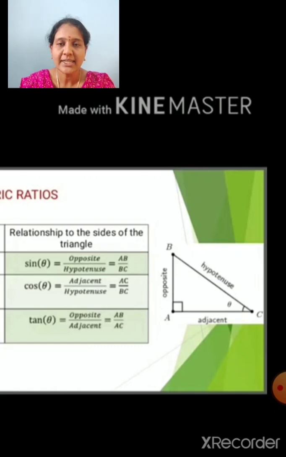AB. Adjacent side is AC. These are the basic trigonometric ratio formulas, the relationship to the sides of a triangle. First, sin theta is equal to opposite side by hypotenuse. Cos theta is equal to adjacent side by hypotenuse. Tan theta is equal to opposite side by adjacent side.